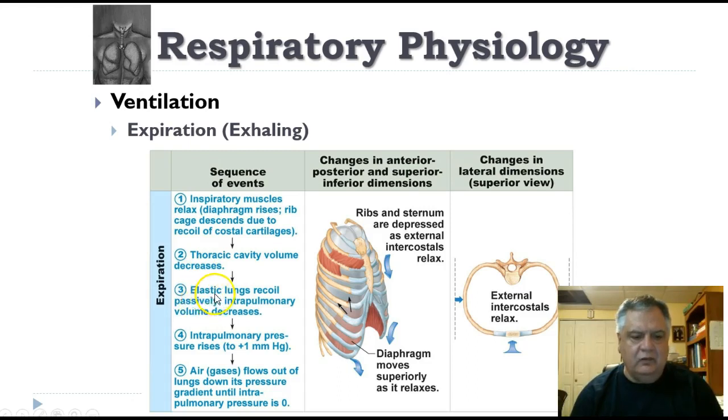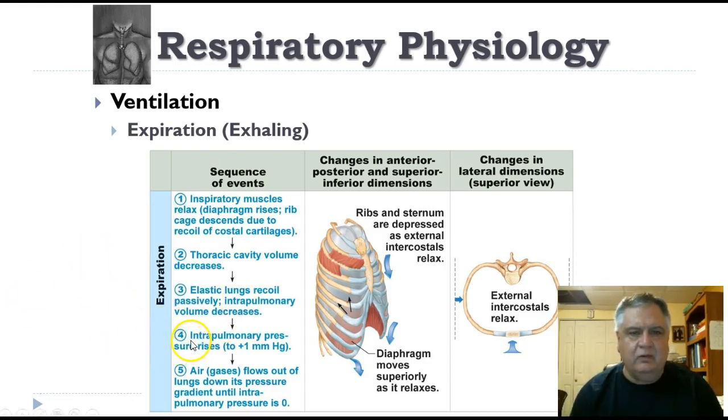As the volume of the thoracic cavity decreases, the lungs, since they are elastic, which means they'll return to their normal resting position, will recoil, as I said, passively. And the intrapulmonary volume of the lungs, I keep losing my cursor there, I hope that's not bothering you too much, but the intrapulmonary volume of the lungs, that is to say, the internal volume or size of the lungs, is going to decrease.